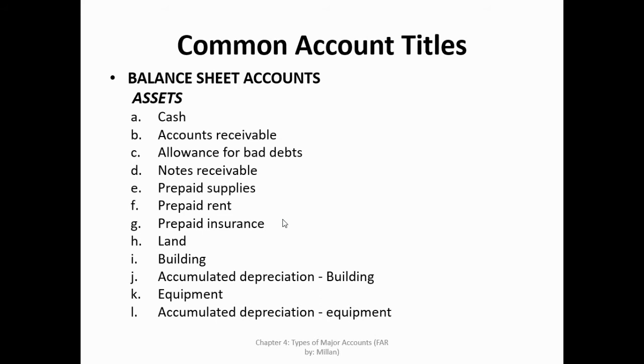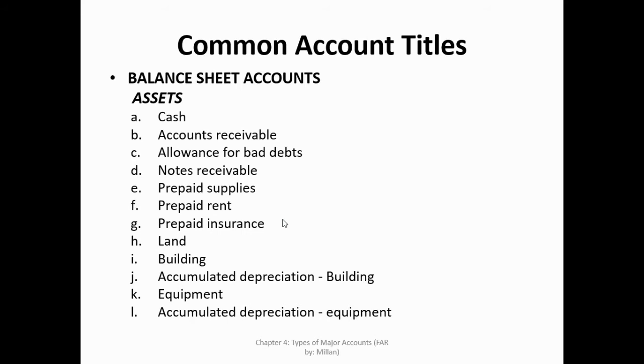Ito yung mga desks, cabinets, and other movable partitions. Last classification is the accumulated depreciation equipment. So it is the total amount of depreciation expenses recognized since the equipment was acquired and made available for use. Gaya nung example ko sa building.